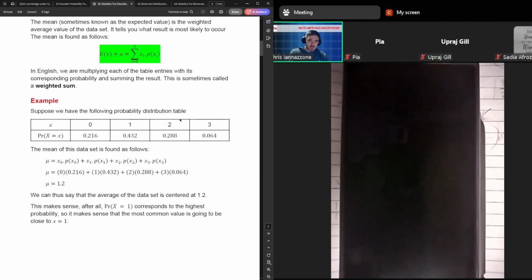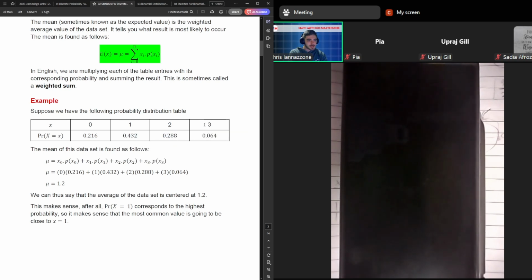As far as what you actually do here, for those who know, it's the weighted average, or the weighted sum of all these values. What that means is you look at the x value, you multiply it by the probability. You look at the next x value, you multiply it by the probability.